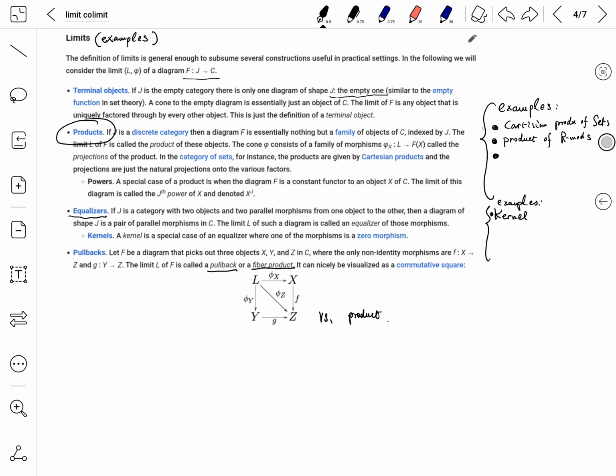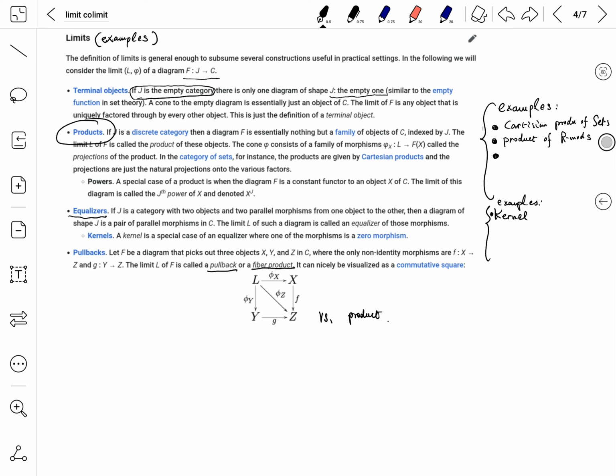So we're talking about examples, we're talking about particular categories J. And of course, you could also specify what your category C is, but if what you define is general enough, if it's defined for whatever categories, just specify what your J is.